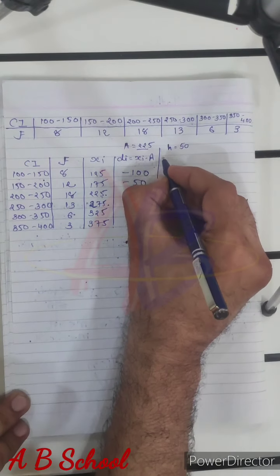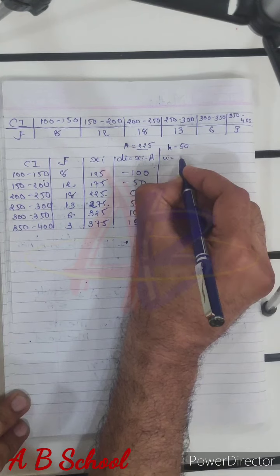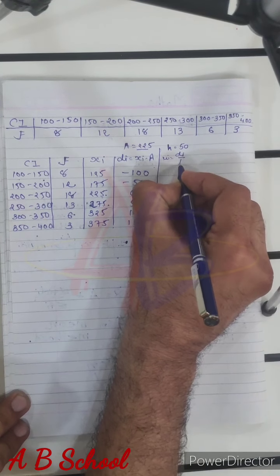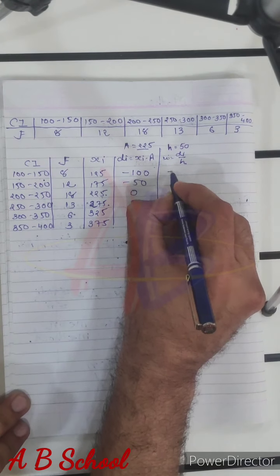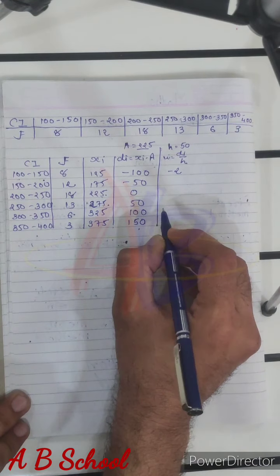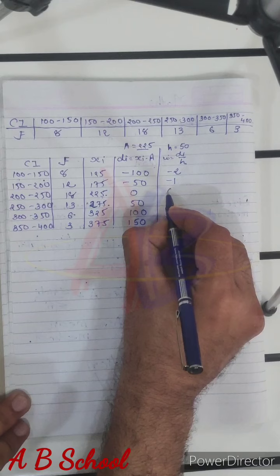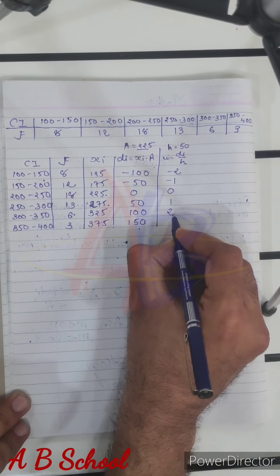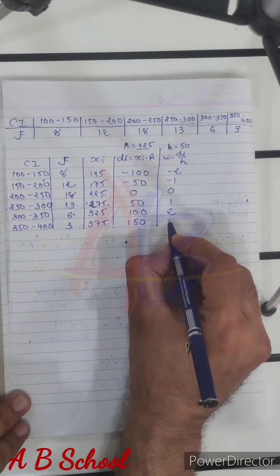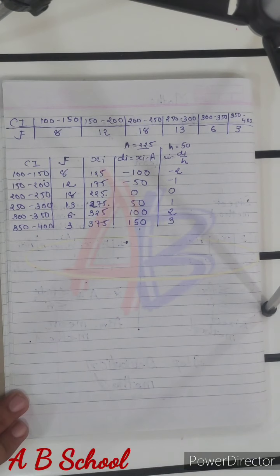Now ui is equal to di upon h. So minus 100 by 50, minus 2, minus 50 by 50, minus 1, 0, 50 by 50, 1, 100 by 50, 2, 150 by 50, that is 3. So this is my ui.